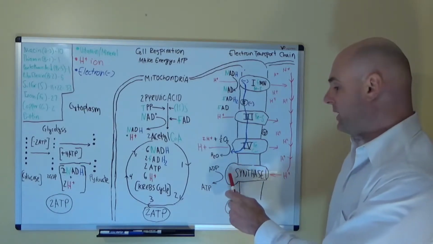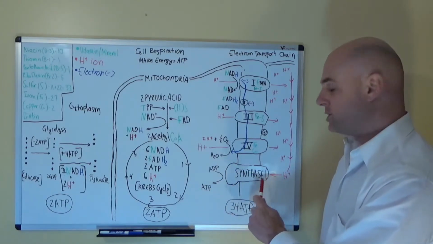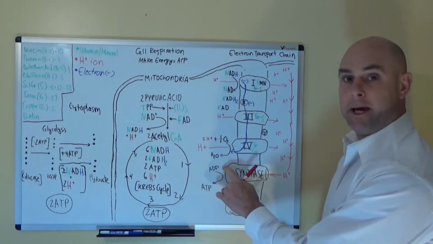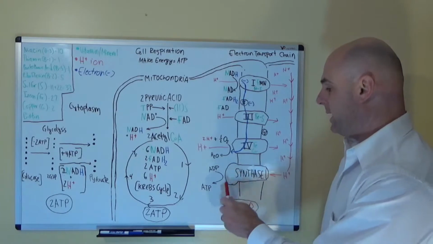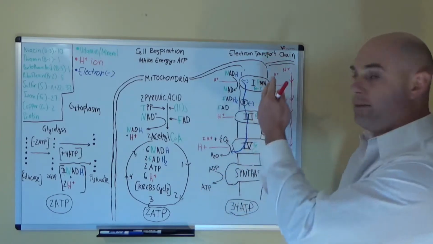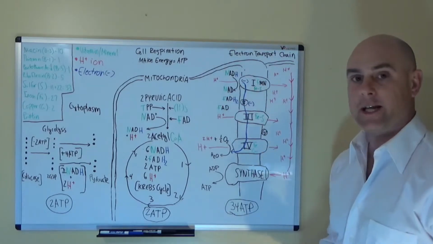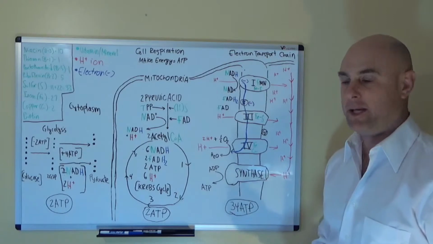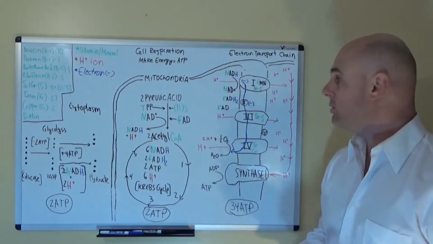Now ATP synthase, with the power of the hydrogen protons, is going to turn a basically spent battery called ADP into a charged battery called ATP. Now this electron transport chain has the capacity to generate 34 ATP per glucose.